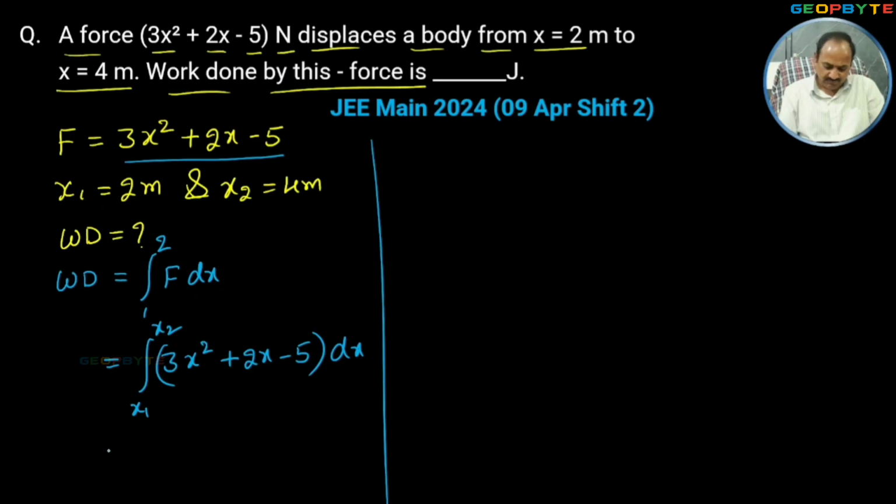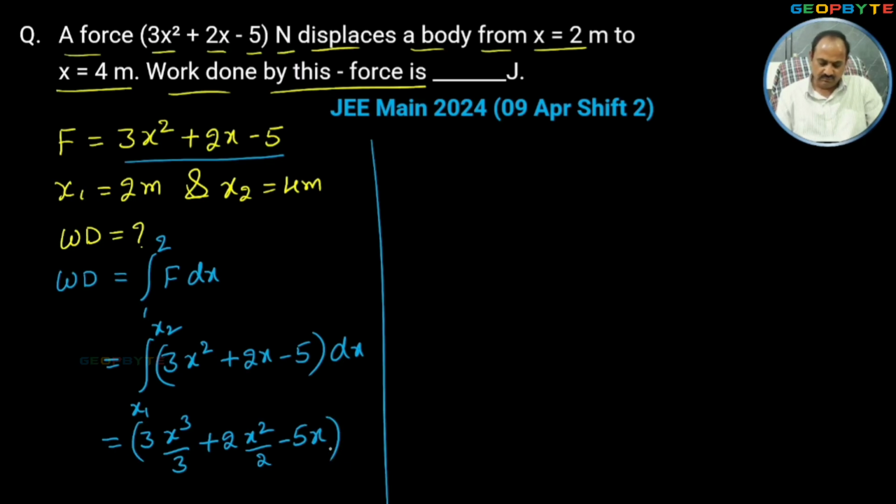Let us simplify it. It is equal to 3x cube by 3, simple mathematics, plus 2x square by 2 minus 5x. Apply the limits from x1 equal to 2 meter to x2 equal to 4 meter.